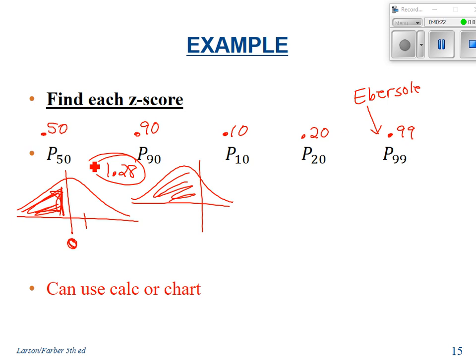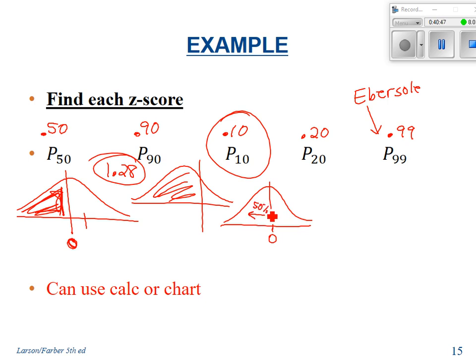How about this one? Just give me an idea on this one. Should it be a positive or a negative? It's got to be one of them. Negative. Why would it be negative? Zero's right in the middle, right? So if you want just 10% going out, we know from here over is what percentage?